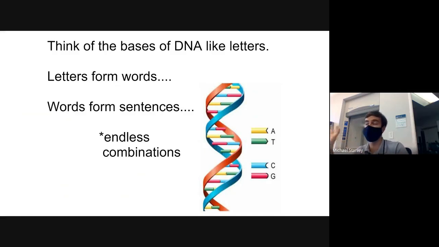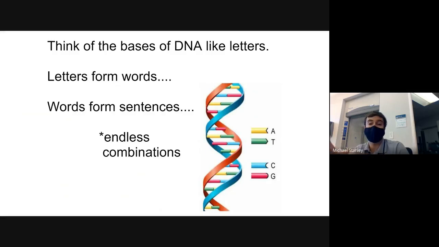Every single one of your billions and billions of cells has a full set of DNA. It's not like the eye cells just get the eyeball part of the DNA and your skin cells just get the skin part. Every cell gets every part. They don't use every part, but they get every part.